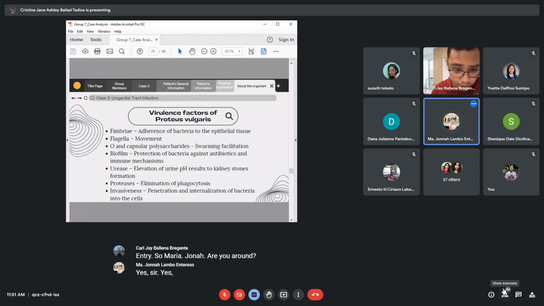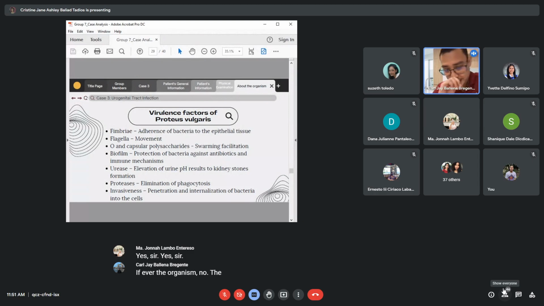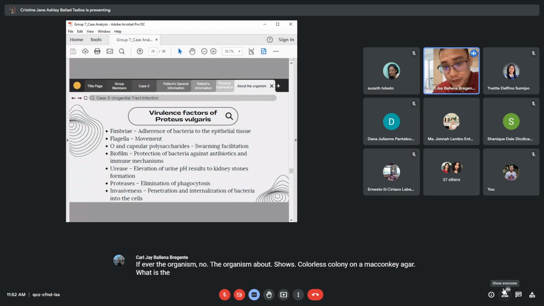If the organism shows a colorless colony on a MacConkey agar, what is the expected result on a TSI?